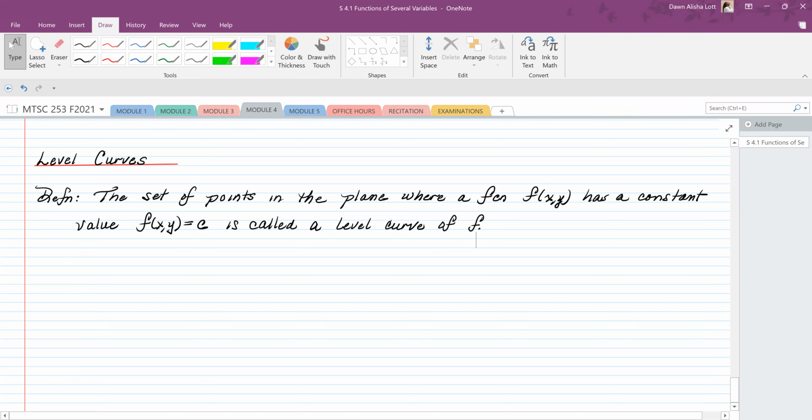Okay, here's an example. So here's my thing in 3 space.